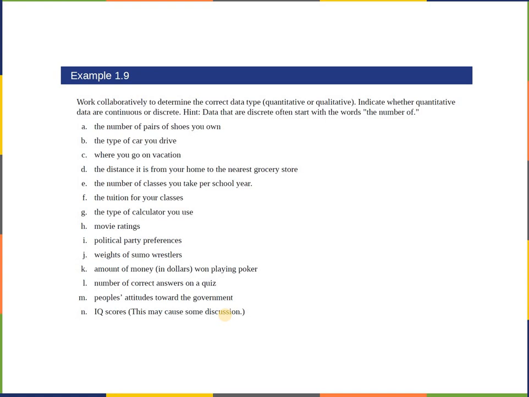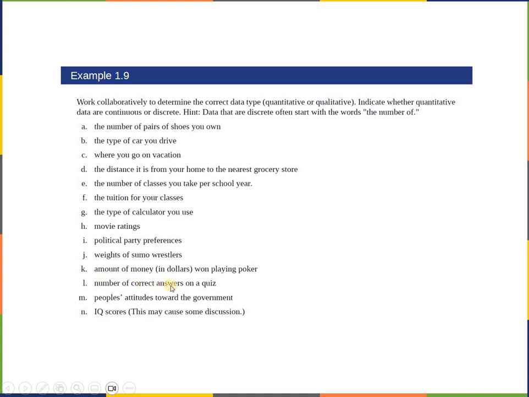The amount of money in dollars won playing poker. So specifically, it tells me the amount of money in dollars, which means no cents are included here. So it's going to be quantitative and it's going to be discrete, just because it mentioned to me that it's going to be in dollars.